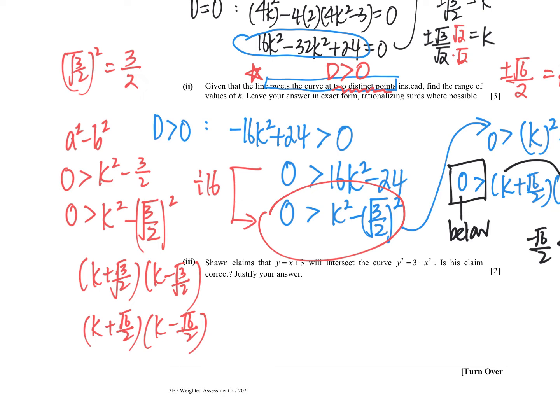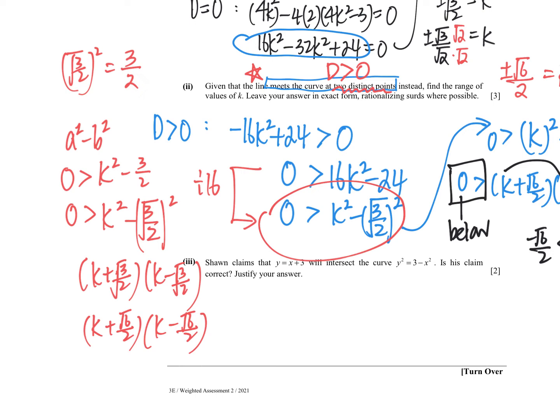For example, let me use a friendlier number. What if I have k squared minus 2 greater than 0? I want to factorize this, but I can't. Then I need to introduce surds. How?